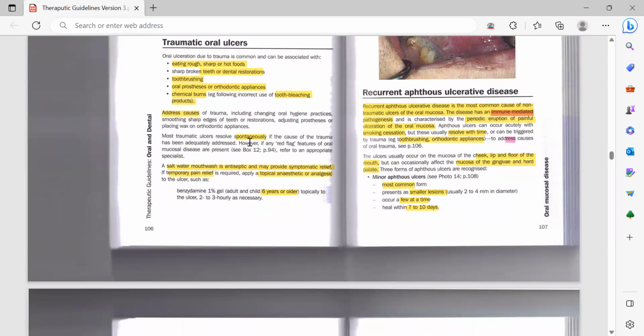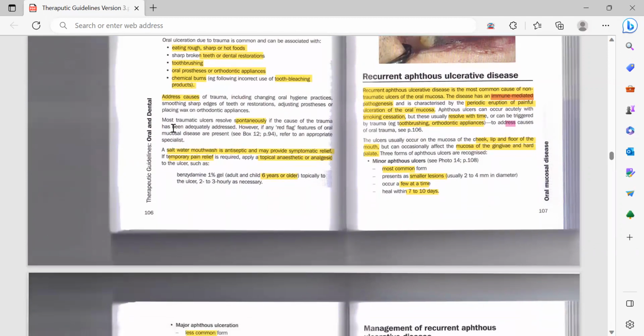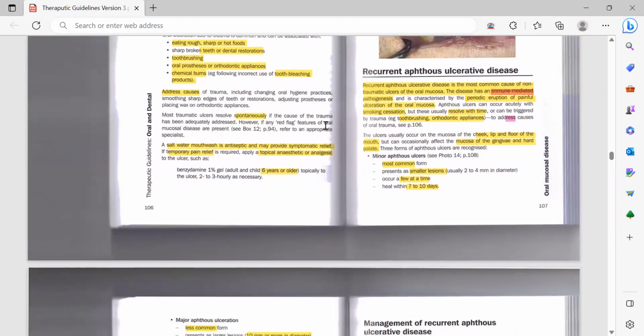Most traumatic ulcers resolve spontaneously if the cause of the trauma has been adequately addressed. However, if any red flag features of oral mucosal disease are present, refer to an appropriate specialist.